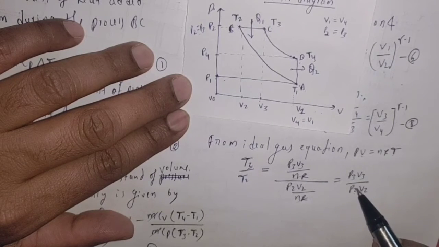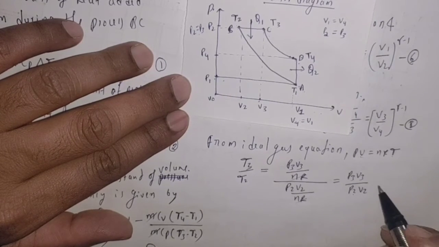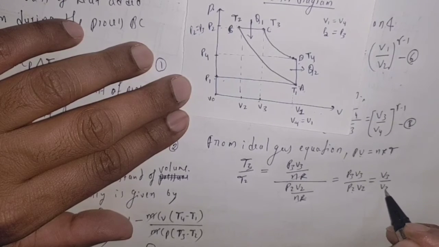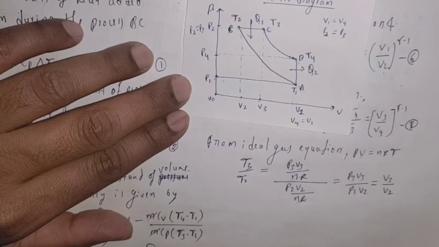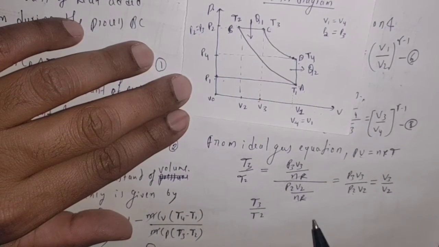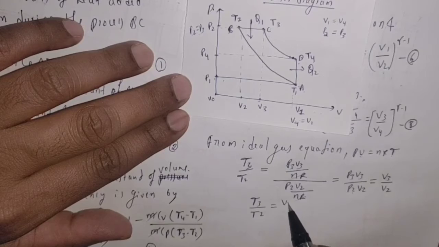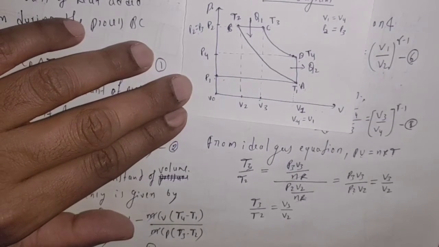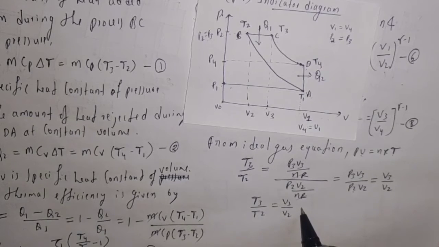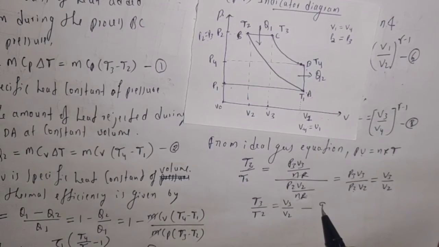So here P3 gets cancelled. Finally we are going to get V3 divided by V2, that is T3 by T2 is equal to V3 by V2. And let us represent this equation by 9.